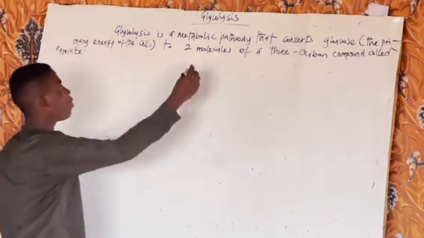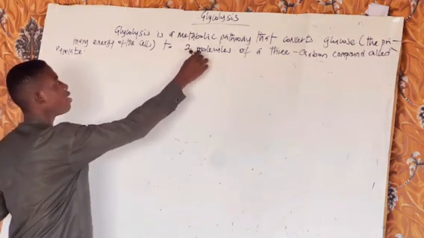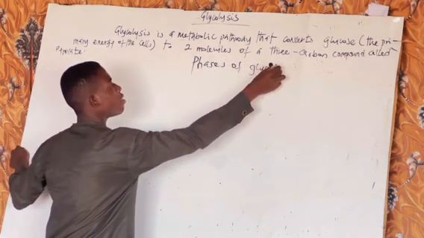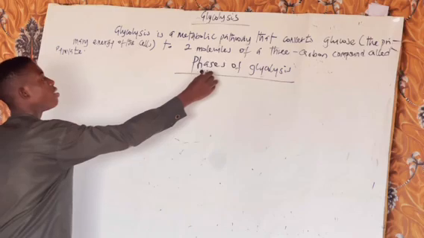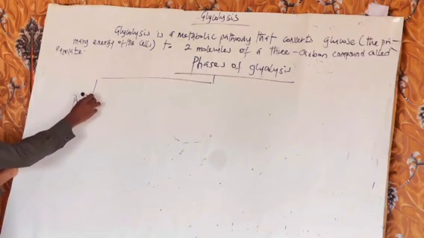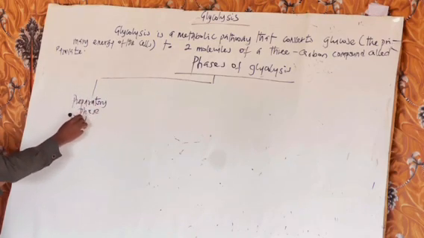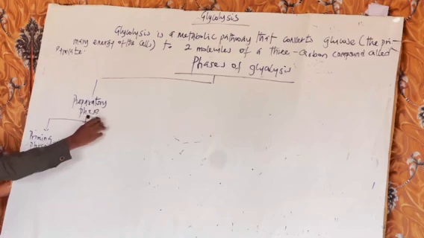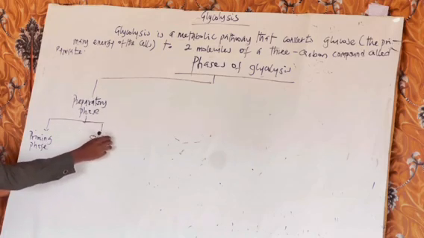So we have phases of glycolysis. We have the preparatory phase, which comprises the priming phase or stage and the splitting stage.